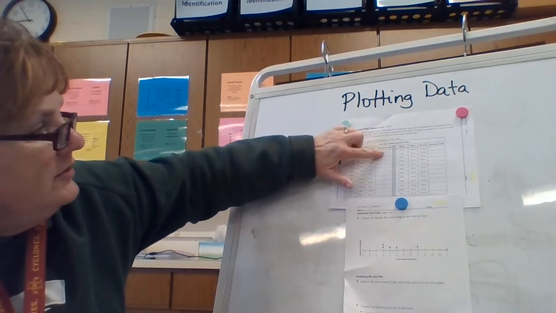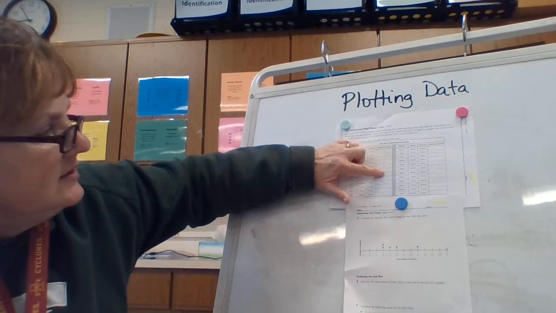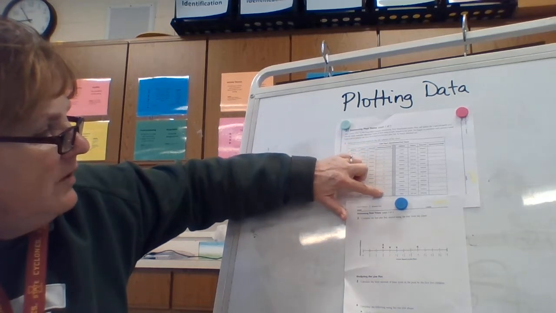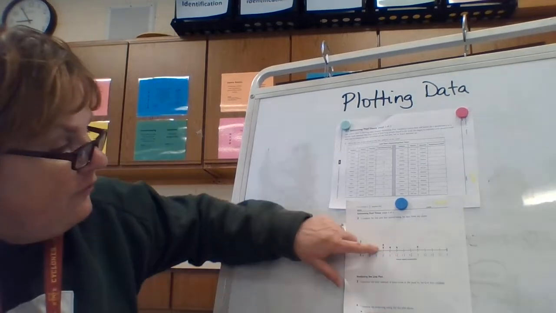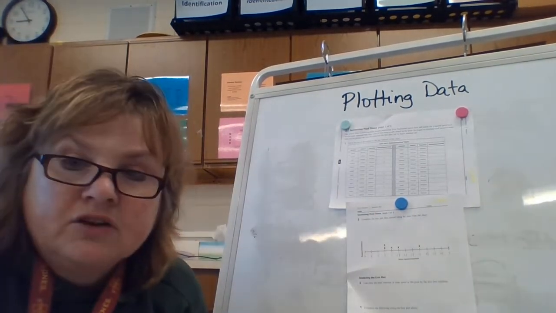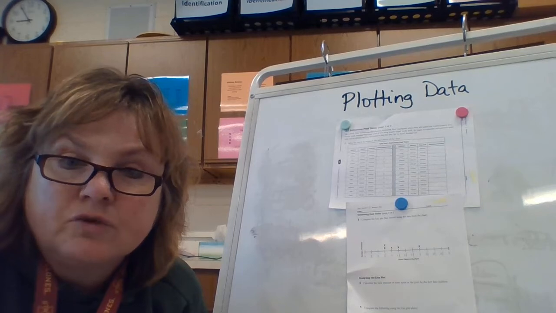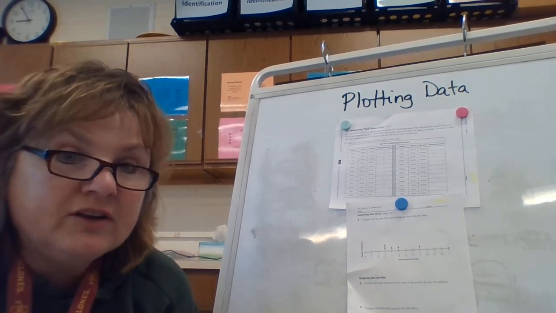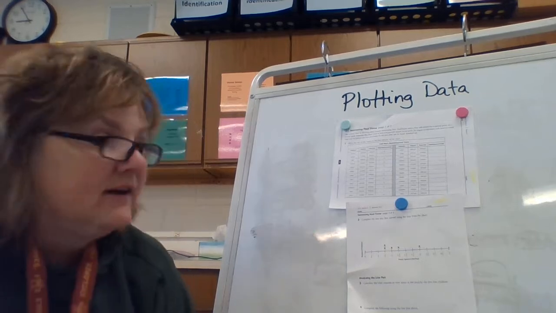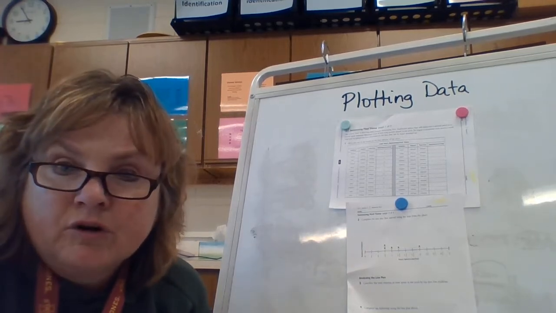So you should have 1, 2, 3, 4, 5, 6, 7, 8, 9, 10, 11, 12 times 2 columns. You should have 24 X's on your line plot when you are done with this activity, okay? So double check yourself. If you have to go back, use a strategy that will work for you.